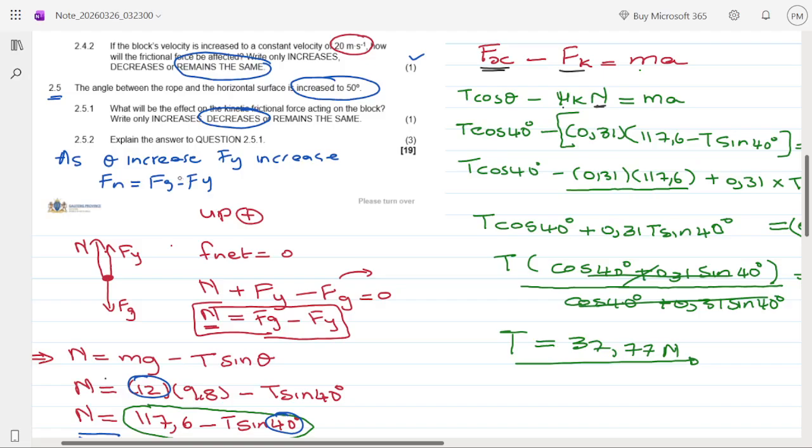So the normal force decreases. And if the normal force decreases, this will also make the kinetic friction decrease.